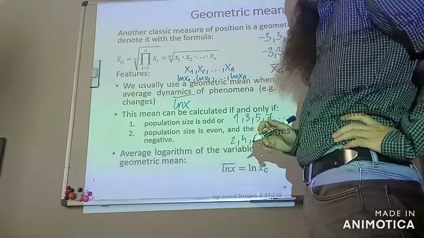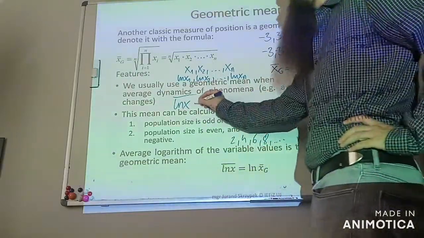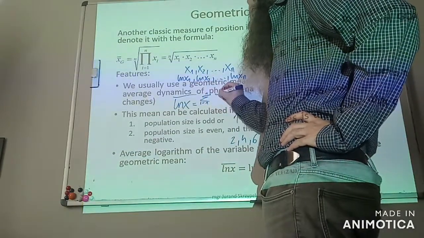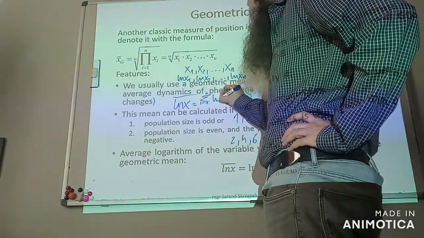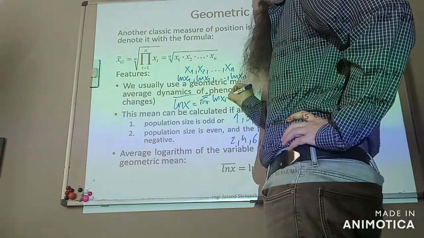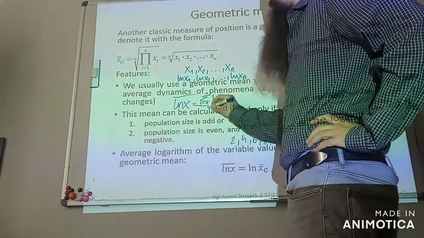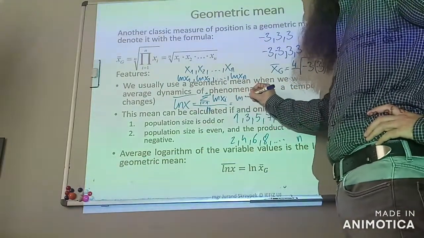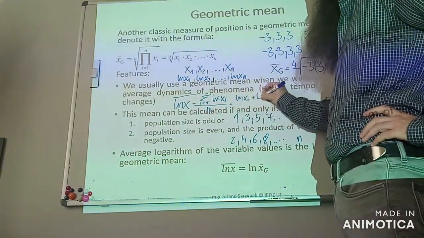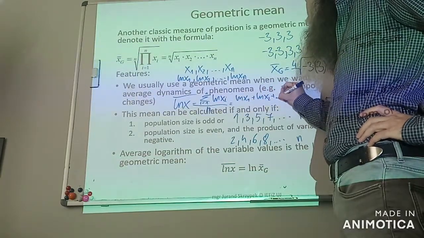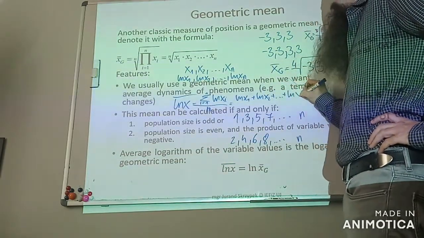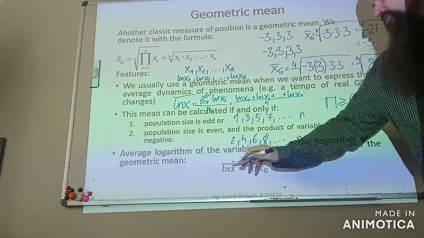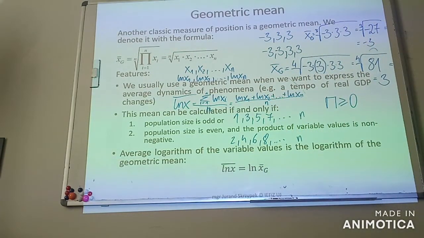This is the sum from i equal 1 up to n of logarithm of xi divided by n. It's logarithm x1 plus logarithm x2 plus logarithm xn divided by n. This is the average logarithm of the variable values.